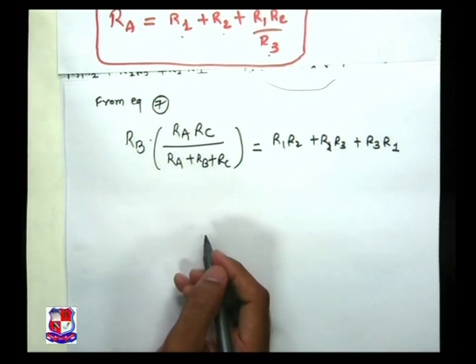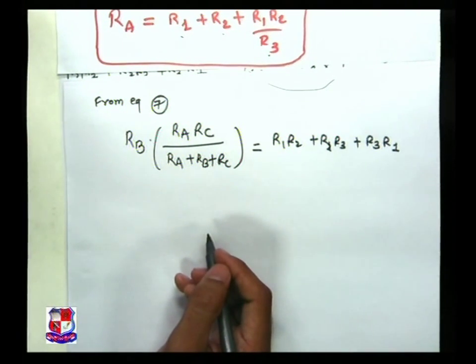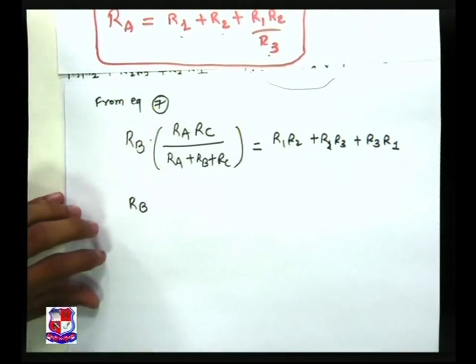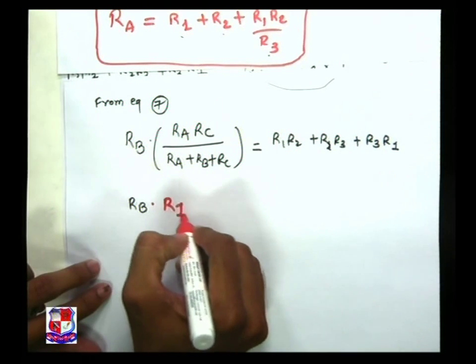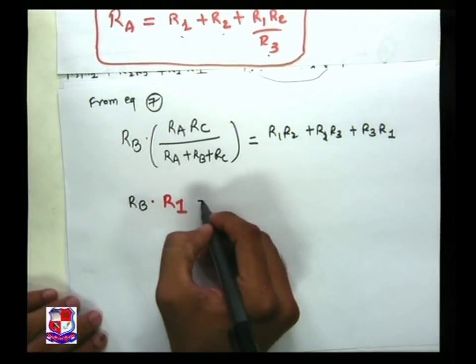Now what is RA into RC? RA into RC is known as R1. So RB times R1 equals R1 R2 plus R2 R3 plus R3 R1.